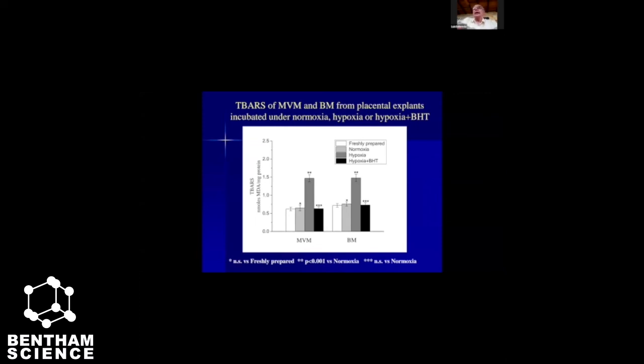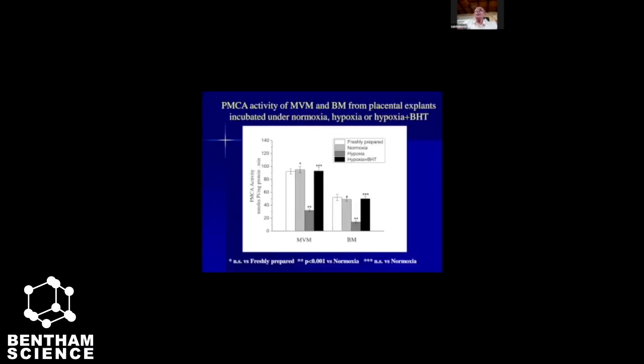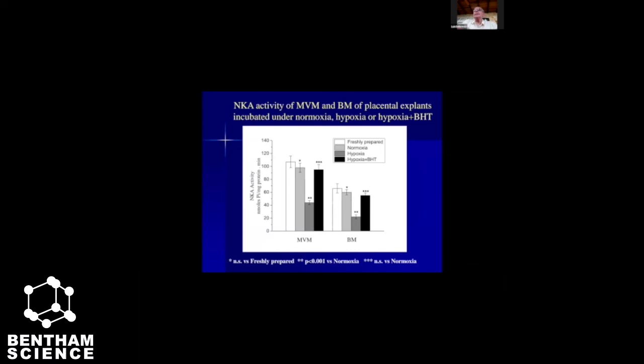If the explants were incubated under hypoxia, but in the presence of an antioxidant such as BHT, butylated hydroxytoluene, the increase in lipid peroxidation is not seen. This prevents an important diminution of PMCA activity with hypoxia, and sodium potassium ATPase activity with hypoxia. There is a close relationship between the level of lipid peroxidation and the ATPase activity.